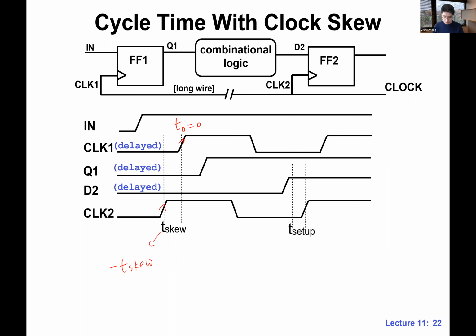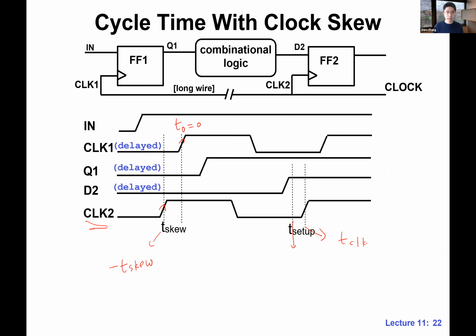Right? And when's the deadline for FF2? FF2, D2 needs to be stable, right? Where's the deadline for D2 to be stable? We need to look at this point, right? But first, let's look at the next clock edge of clock 2. Next edge of clock 2. This point is what? T clock what?